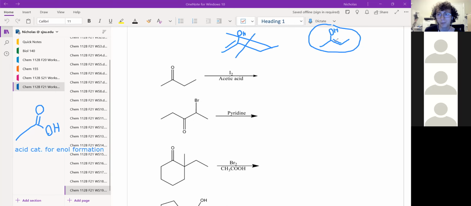This is going to be the one that forms faster because it's more stable. So that's going to be the one that we use for our reaction. And then the iodine will add there because that's the enol that we're going to be using to react. So this is the product you get.